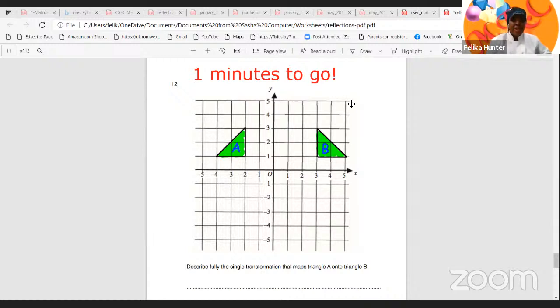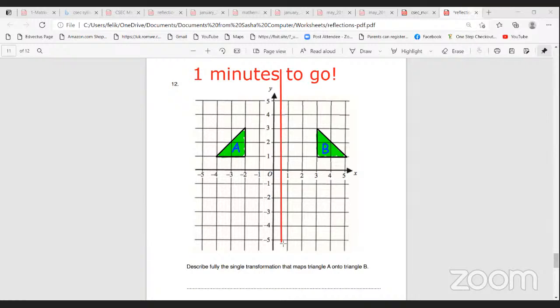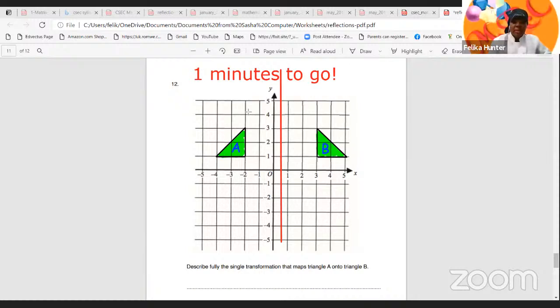All right, let's see where the mirror line is. Does that look like the mirror line? No, miss. Why no? Miss, I don't think that's the mirror. The mirror line is always halfway in between. So let's see if it's halfway too.